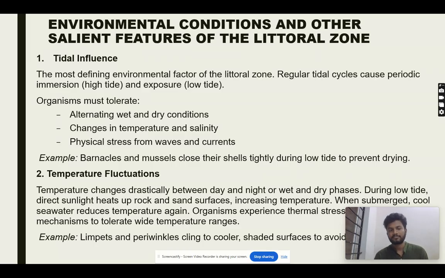Organisms experience these thermal stresses from time to time, and they evolve strategies and mechanisms within themselves to tolerate these high temperature ranges, because there are poles apart differences in temperature when this happens.